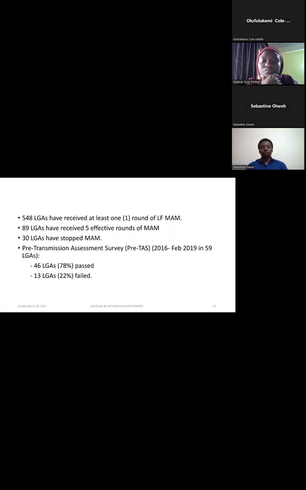So the aim is that we are more practical, that we don't just think about these things and throw the knowledge away. We want to be able to put that knowledge into use in all our various communities with the aim of reducing the prevalence of the skin neglected tropical diseases in our various communities.